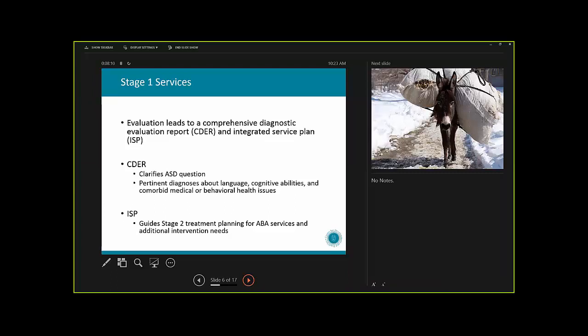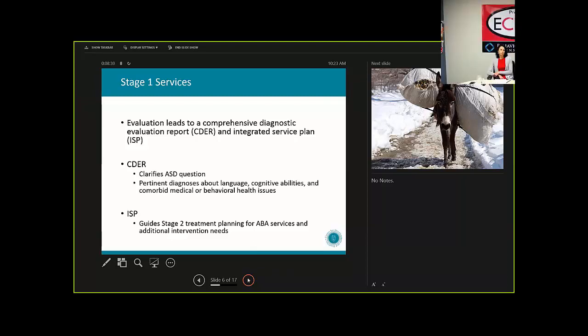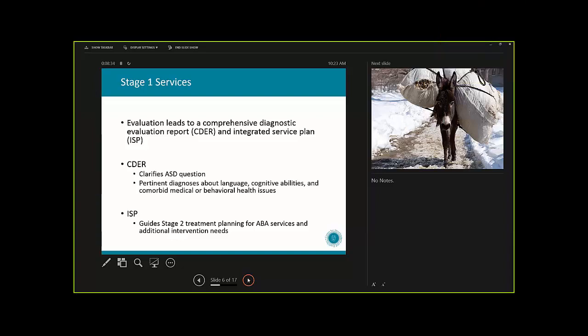And so in order for this to be comprehensive, as we're looking at different areas of functioning, different informants, and different ways of assessing information, we're also looking at language abilities, cognitive abilities, medical concerns, and any behavioral health issues. This is really to address all the different areas of functioning that may be impacting that child's behavior, and that may be really important for an intervention provider to take note of as they're working on a plan for that child.